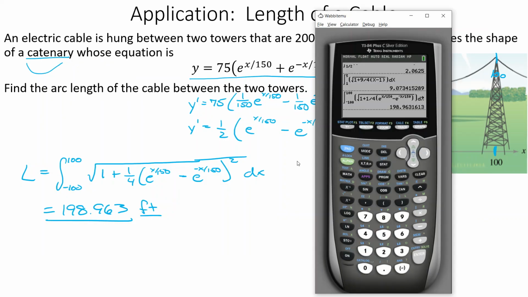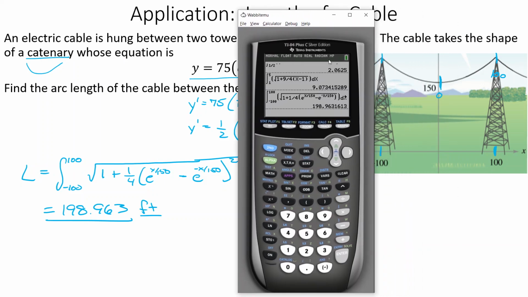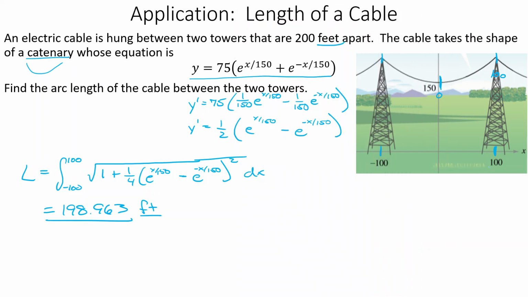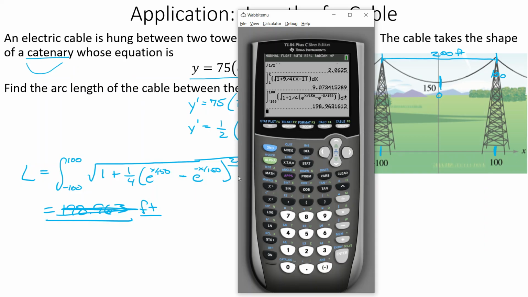I did leave off the squared. The reason why that didn't seem right to me is because I actually checked my answer. We're going from negative 100 to 100, so it should be at least 200 feet. If it was a straight line, that would be 200 feet, right? So I noticed I made a mistake somewhere, and I did. I left off that squared. So it's always good to check your answer.